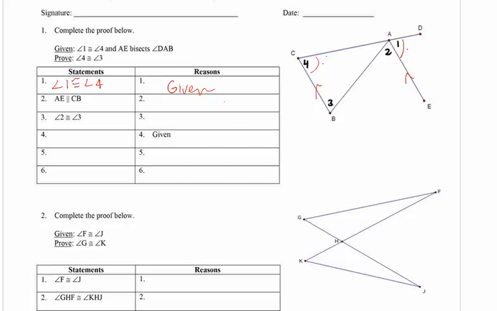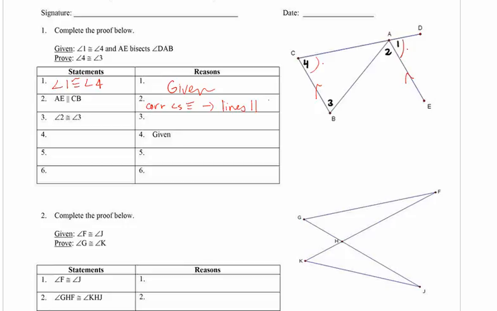So we call those angles corresponding. And we know from our list of ways to make lines parallel in a proof that corresponding angles being congruent is one way to prove that lines are parallel.